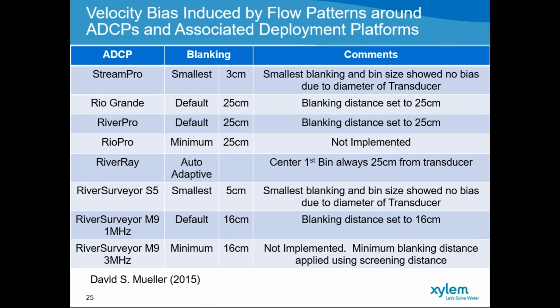The minimum blanking distance is applied using a screening distance. The reason why SonTek hasn't implemented this into the blanking distance is mainly because some customers or users, especially in Europe, requested that they still want to see that data and they don't want it to be excluded by default based on the 16 centimeter screening distance.